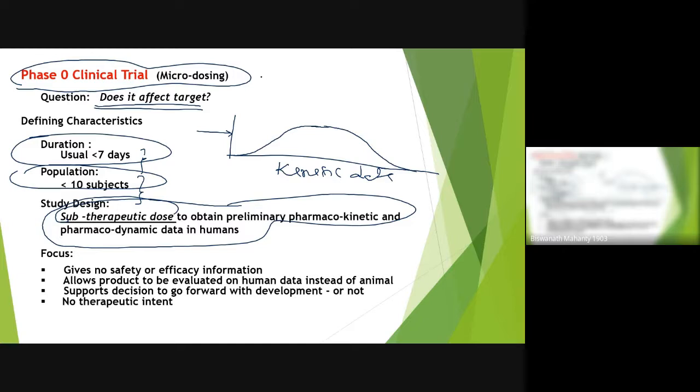Pharmacodynamic data is something different. It is the result. Result means, for example, you are taking some analgesic and there is an indicator of the extent of pain once you take the drug. So there will be some drug doses you are taking and you will have a result like that. After that, even if you take more dose, you cannot see more improvement.